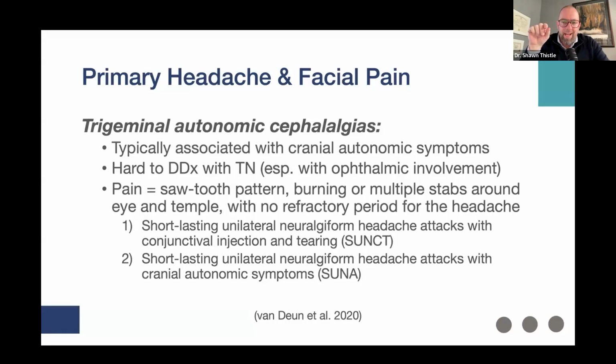And neuralgiform headache attacks simply mean sawtooth pain, burning, multiple stabbing around the eye and temple with no refractory period. The differentiation comes in as to whether they have conjunctival injection and tearing. So are their eyes watering at the same time they're having this horrible headache on the one side? Or do they have autonomic symptoms like skin flushing, sweating, that sort of thing to go along with their headache?